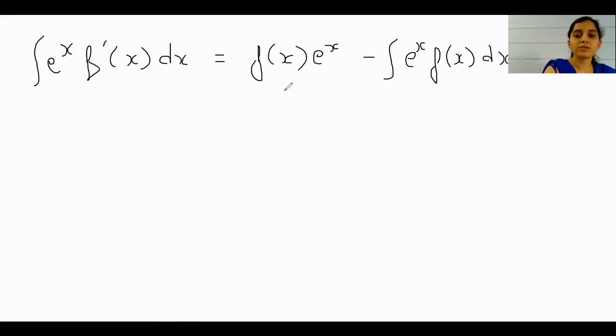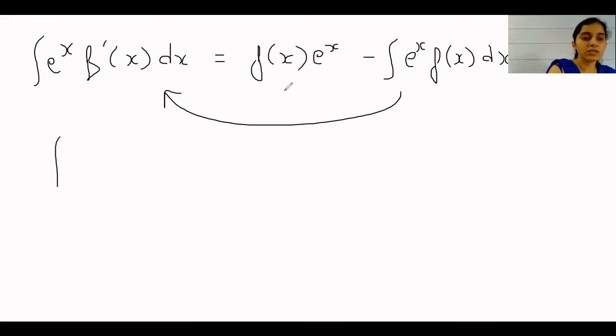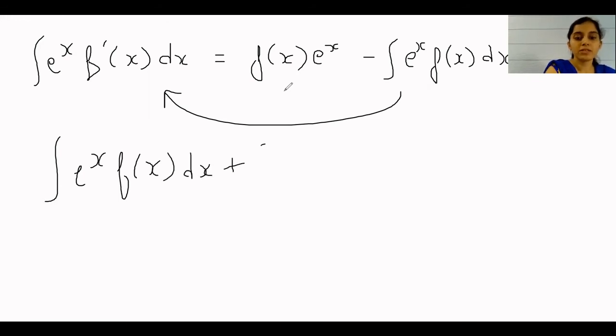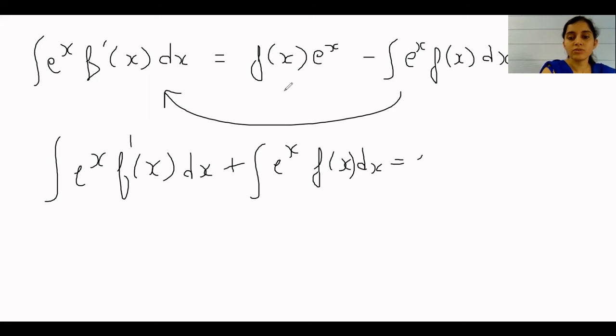Okay, what we can do is shift this integral part over here, and here we'll have plus c or constant. So integral e raised to x f dash of x dx plus integral e raised to x f of x dx is equal to f of x e raised to x plus c.